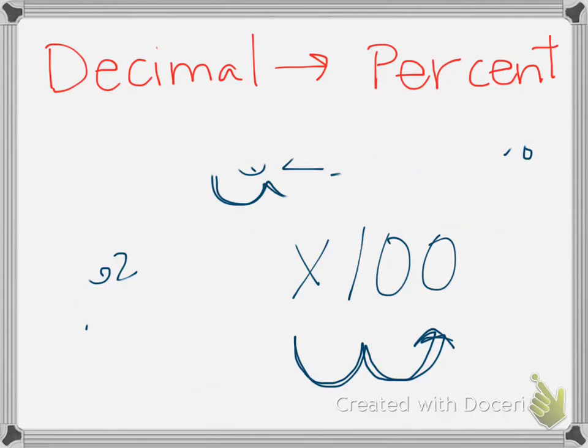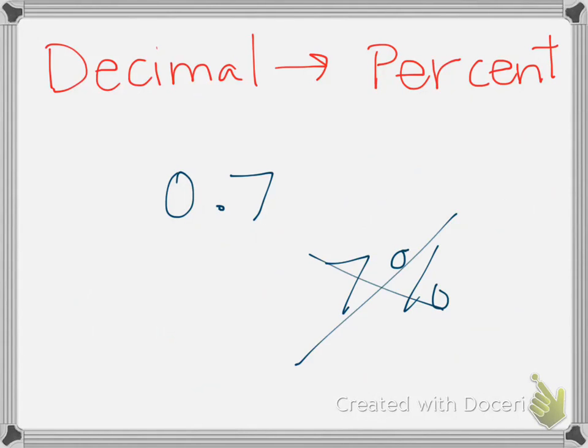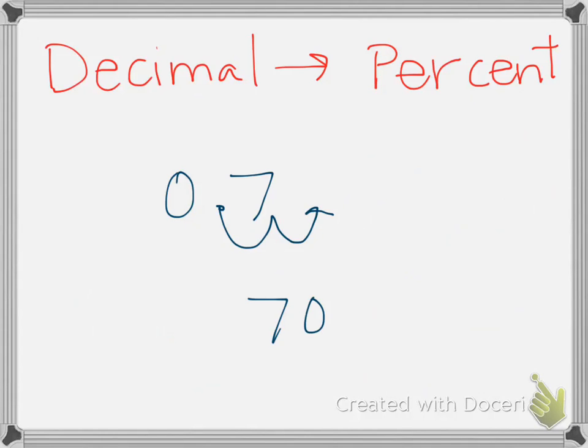Let's try a common mistake that kids always make. Let's say they have this. Sometimes they just put 7% as their answer. Boo, don't do that. Alright, so again, you want to multiply it by 100, which means you move the decimal over 2 places, so that should be 70%.